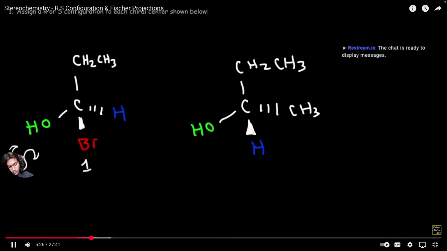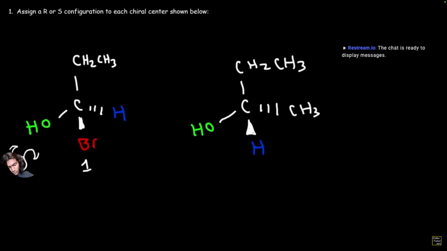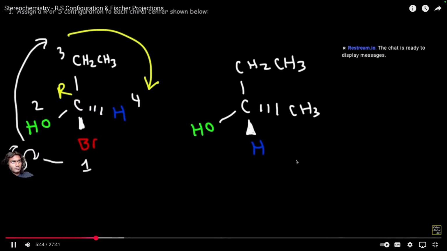The atomic number for oxygen is 8, for carbon is 6. So this is going to be number 2, 3, and then hydrogen is always 4. Now hydrogen is in the back, which is good. So we're going to just go from 1 to 2 to 3. And so for this one, we have the R configuration. We're rotating clockwise, or in the direction of a clock.